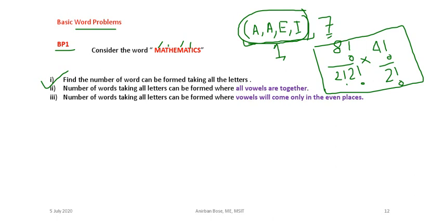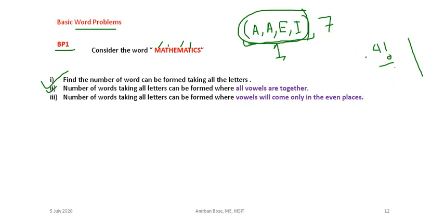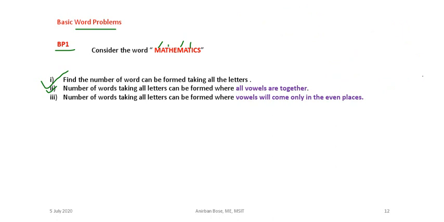Now coming to the third part of the problem. The question is, the number of words taking all letters that can be formed where vowels will come only in the even places. So first of all you find out how many even places there are in these 11-letter words.